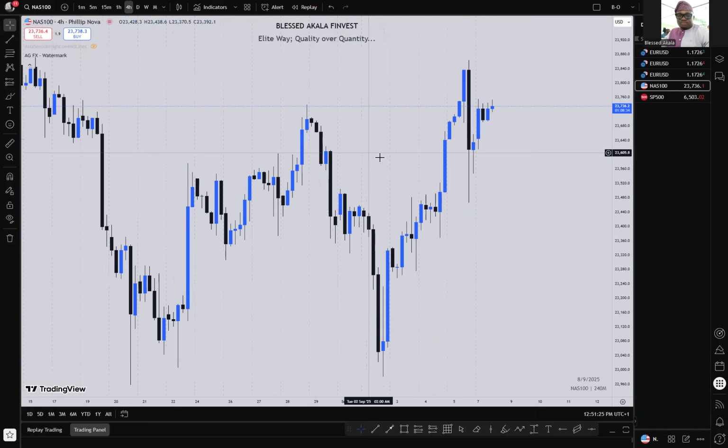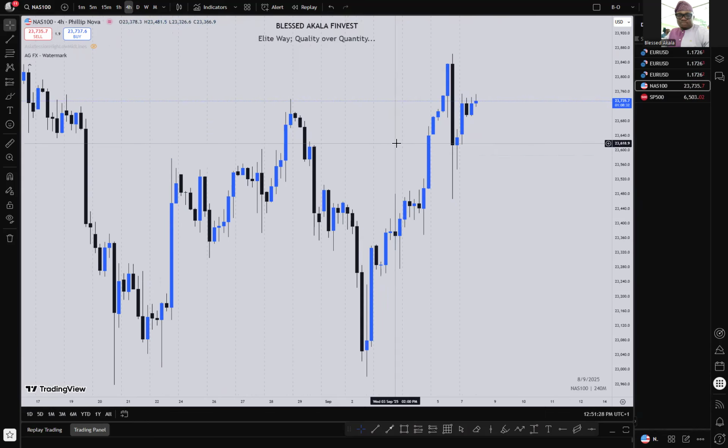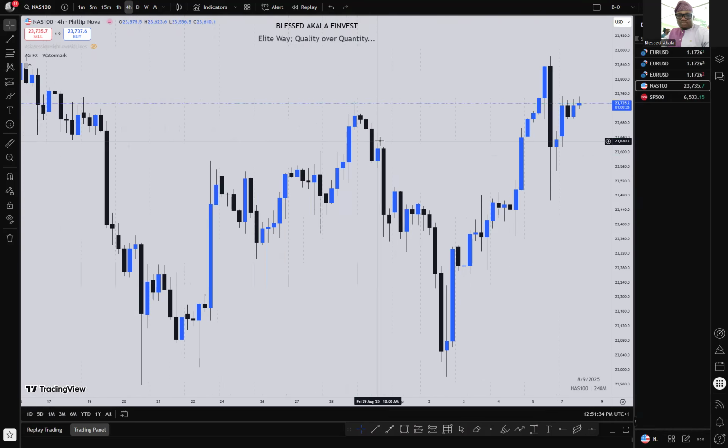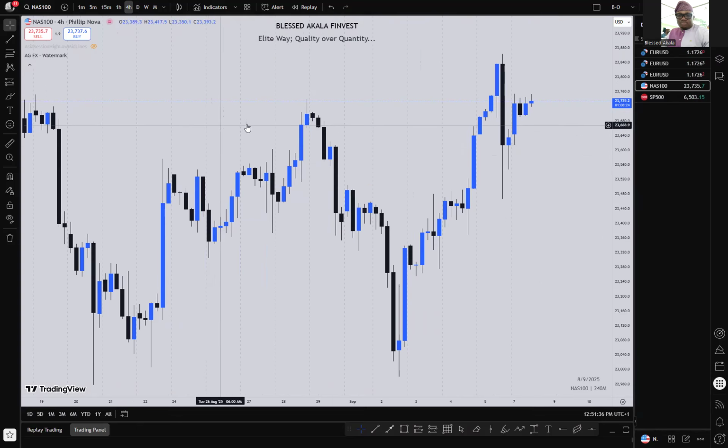So what we're going to do is very, very simple. We'll pick the trade and analyze for our aggressive entries. These aggressive entries are not as if we're going to be taking the entries. They are the potential levels where we'll be looking for entries. So we just highlight the entries and try to see what price is going to do around that area during a specific time of the day, during the New York session.